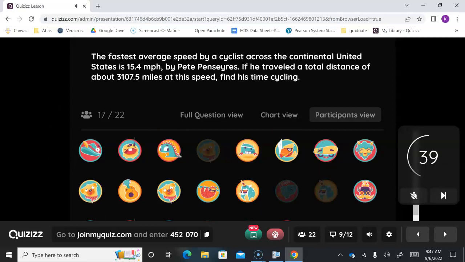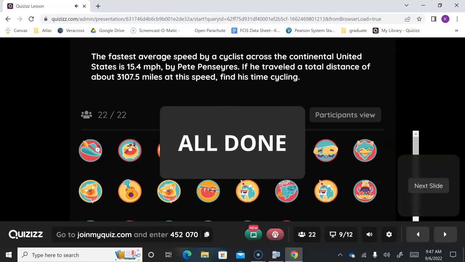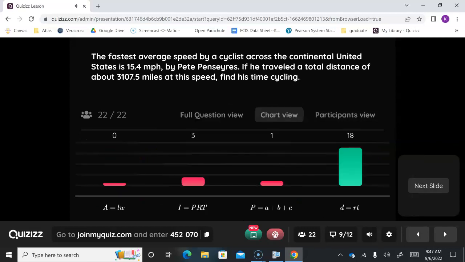Just click the one. Distance equals rate times time.